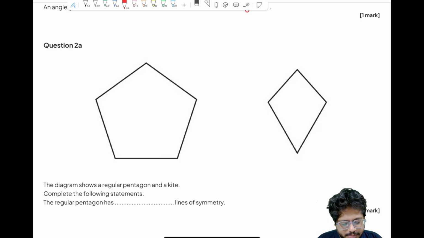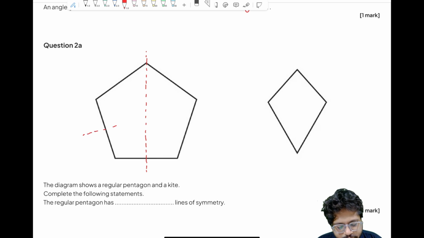So a line of symmetry is basically a line about which the figure is symmetric. It could be a mirror line, so that on the left hand side and right hand side of that line, both the figures are completely identical. They are just mirror images of each other. So if I draw one line here, it will be a line of symmetry, because the left hand side and right hand side are mirror images of each other.